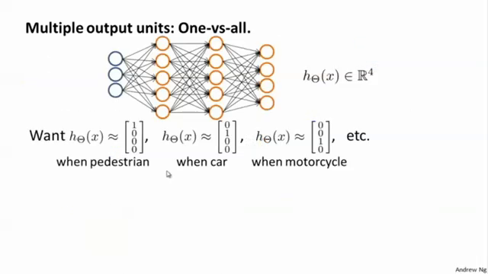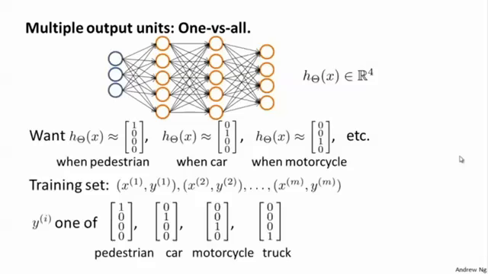Rearranging the slide a bit, here's our neural network with 4 output units, and those are what we want h of x to be when we have the different images. The way we're going to represent the training set in this setting is as follows. When we have a training set with different images of pedestrians, cars, motorcycles, and trucks, whereas previously we had written the labels y as an integer from 1, 2, 3, or 4, instead we're going to represent y as follows.